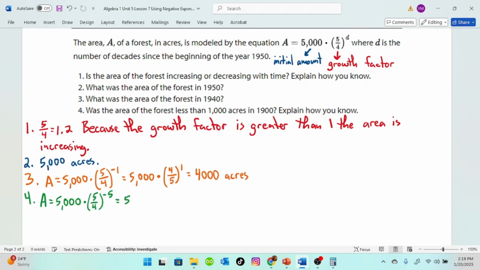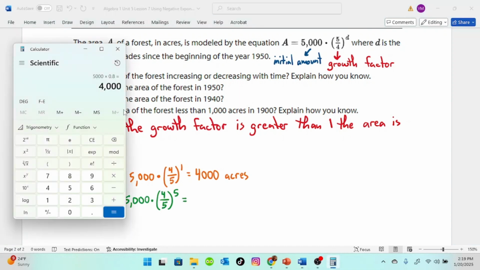The negative tells us to change the growth factor to its inverse, or its reciprocal. So we have 5,000 times 4 over 5 to the power of 5. Now we can put this in a calculator.